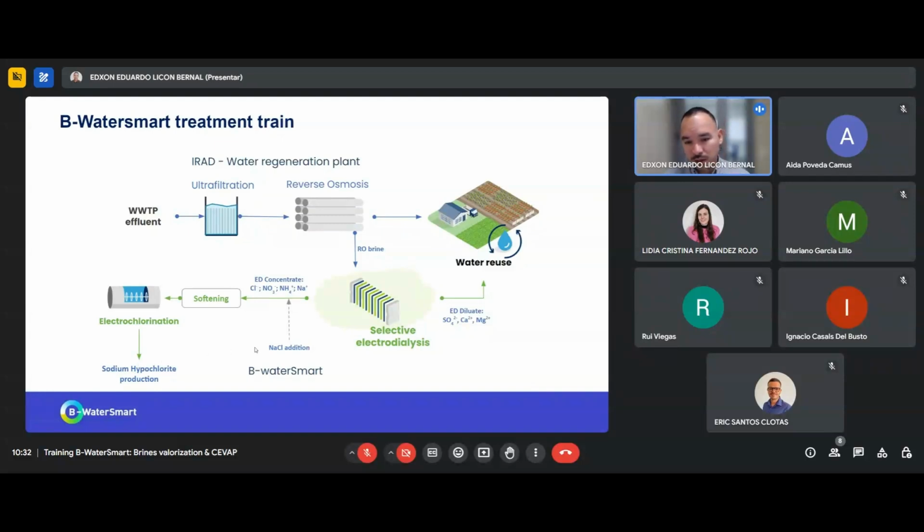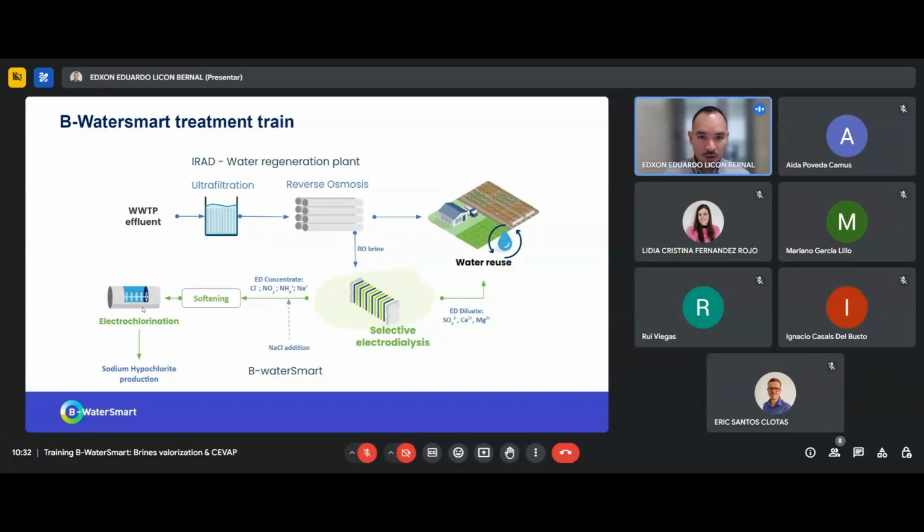And it is just a treatment train in which selective electrodialysis is placed in integration with a softening and electrochlorination step. So basically, this is quite simple.